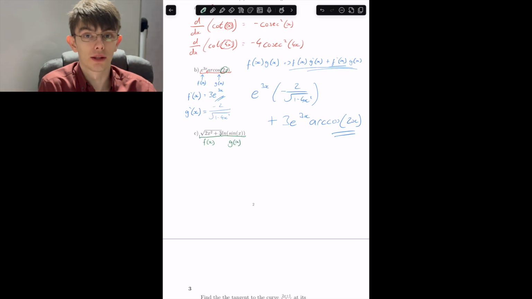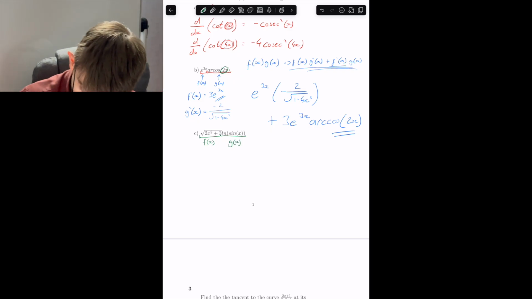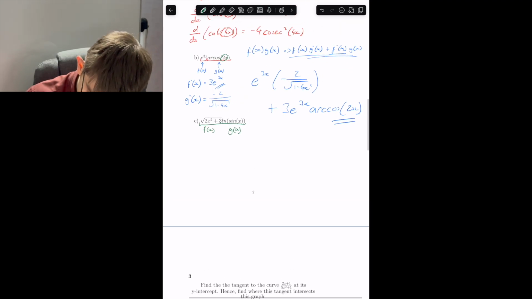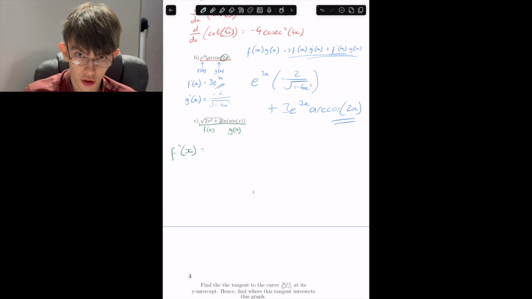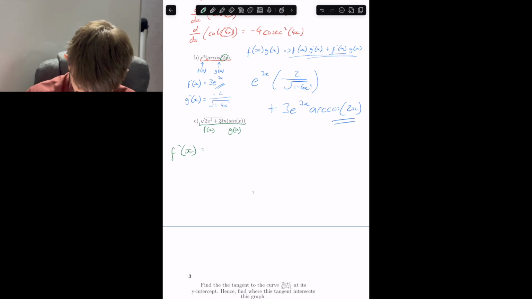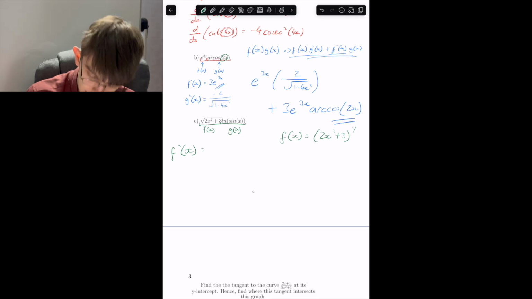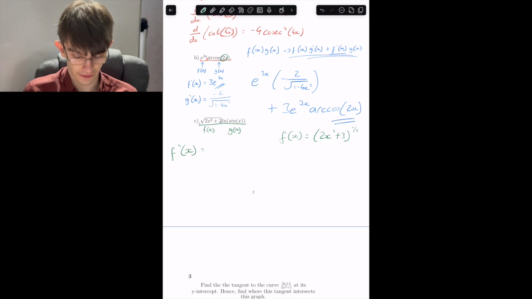So let's apply the product rule and see how that goes. So let's go with f prime of x. Well, I'm going to need to use the chain rule. So let me make a little space over here to do that and say that f of x is, and it's a square root, so I'm going to want to change it into a power of a half because it'll make things easier. And then let's apply the chain rule.